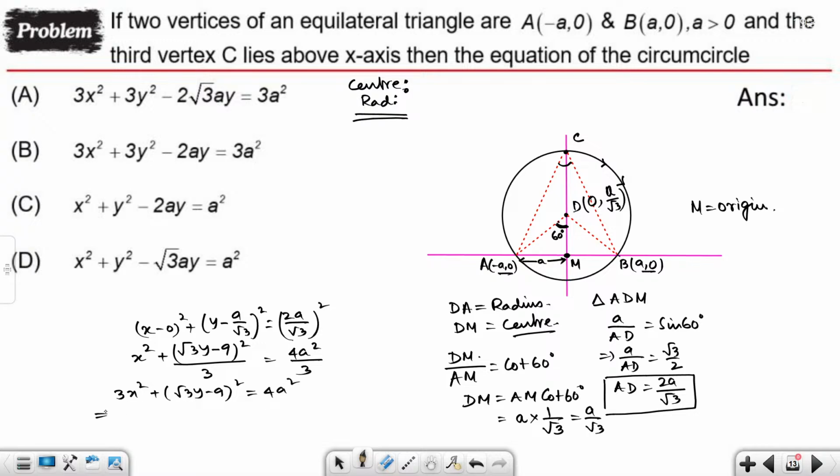So let me open the brackets. We are getting 3x squared plus 3y squared minus 18 root 3y.